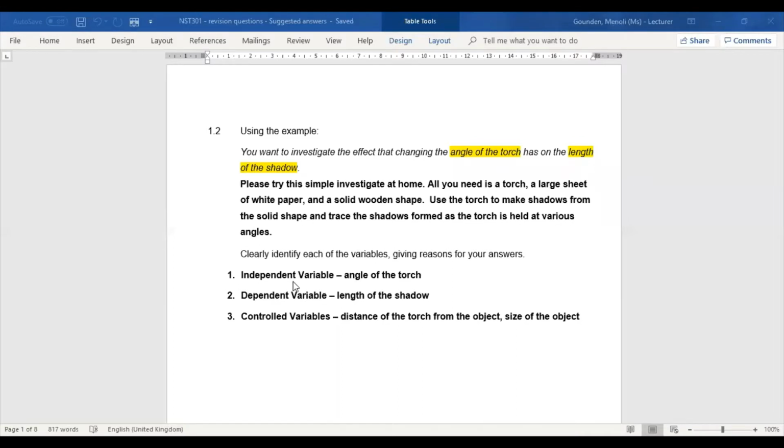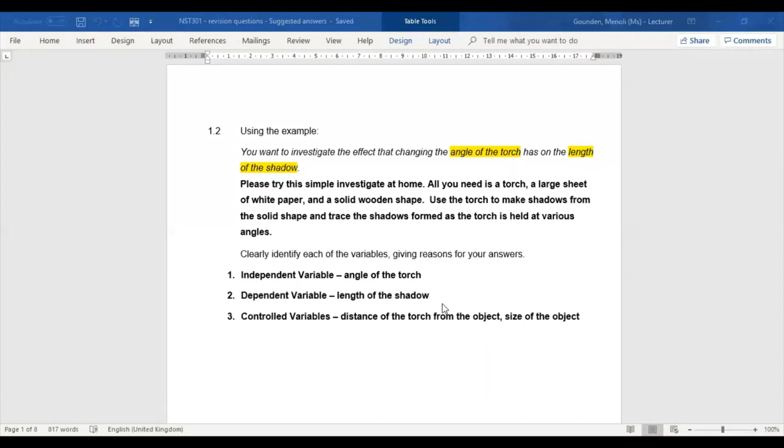Your independent variable is angle of the torch, the one the investigator is changing. Based on how the investigator changes the independent variable, the dependent variable will change accordingly. So length of the shadow changes because the investigator changes angle of the torch.